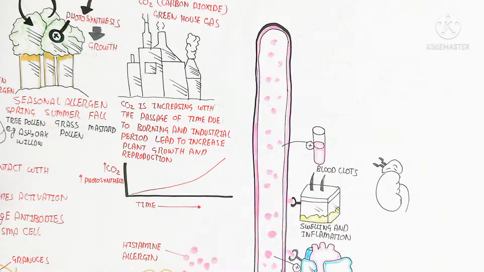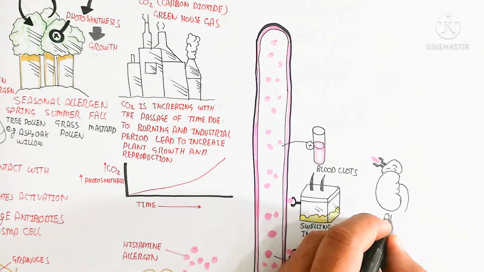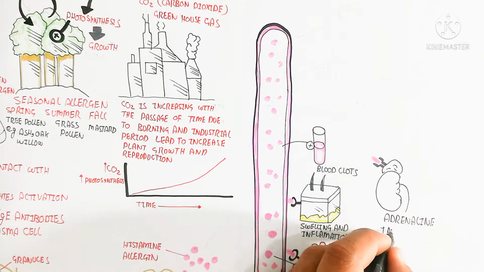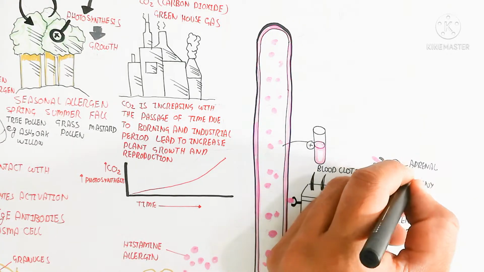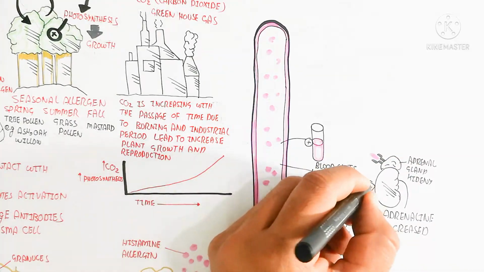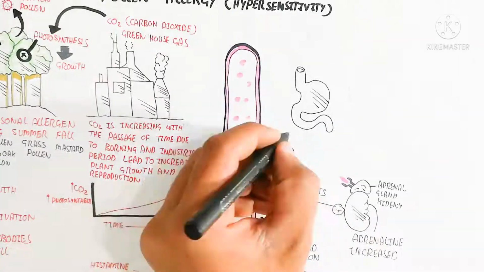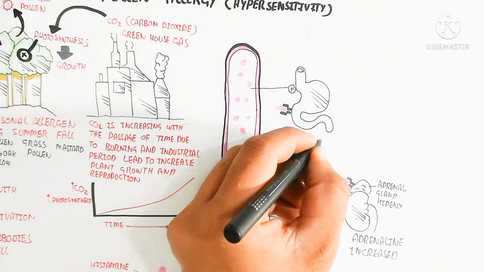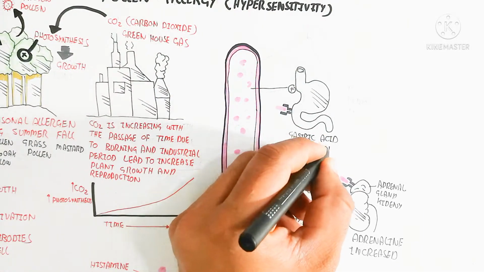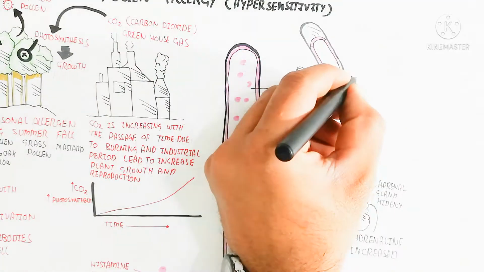On the other hand, blood clots can occur due to histamine, because histamine is important for blood clotting. A severe case will lead to a heart attack also. In this way, adrenaline is increased from the adrenal gland near the kidney, increasing sympathetic nervous system activity.